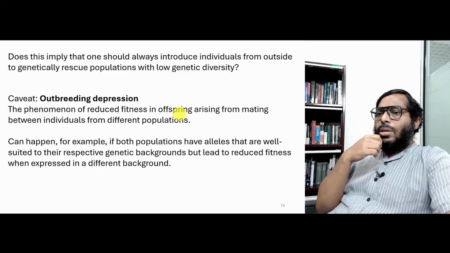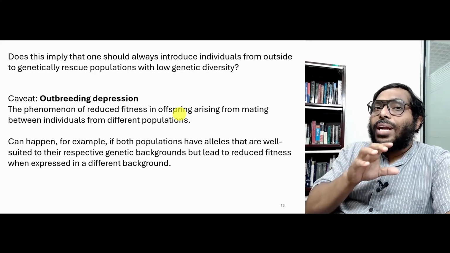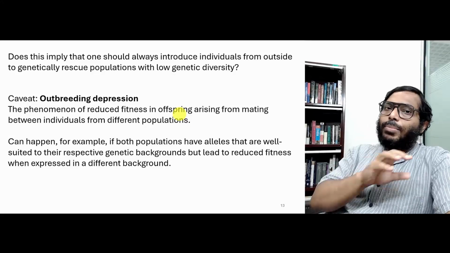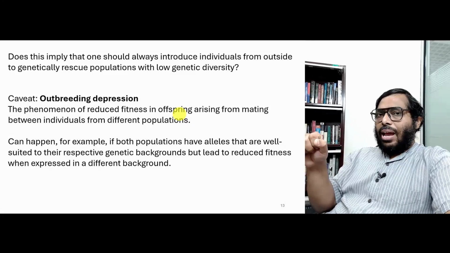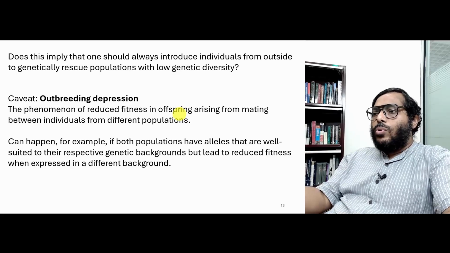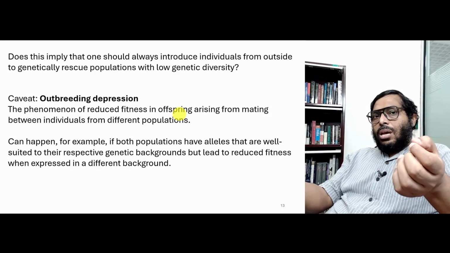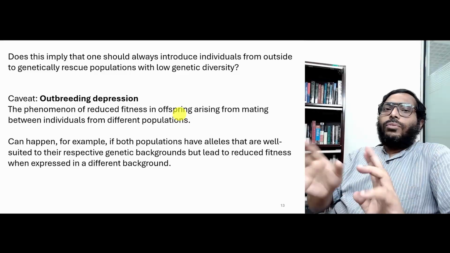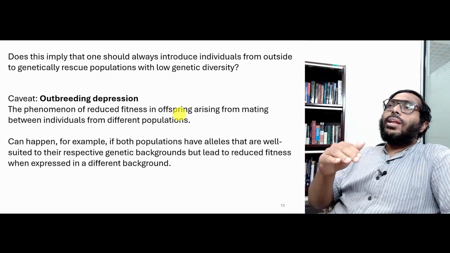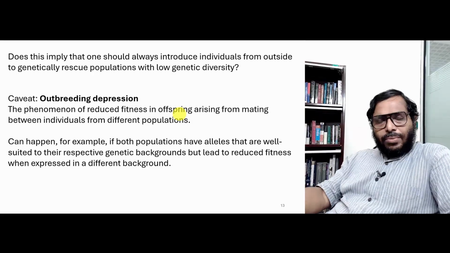For example, suppose each population has adapted very well in their respective habitat. Adapted very well is in 2 different contexts. One is they have adapted very well in the context of their respective environments.